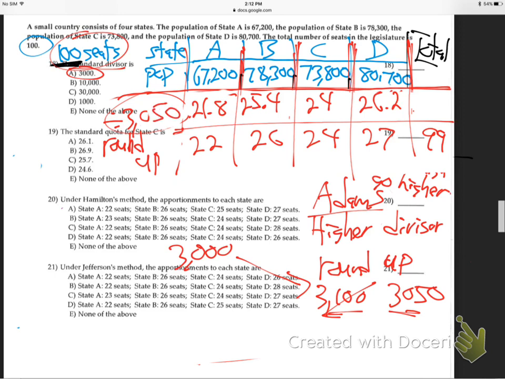Yeah. So 67,200 divided by 3,050, it's 22.03. Is that what you got? My calculator gave me something else. 21.9. So you're doing 67,200 divided by 3,050, right? Uh-huh.